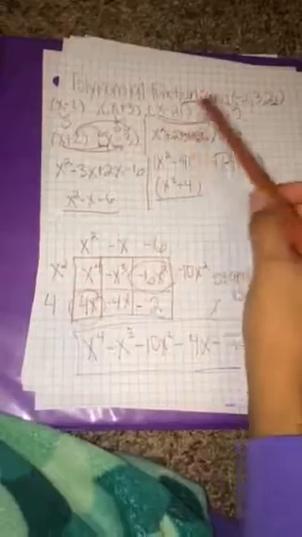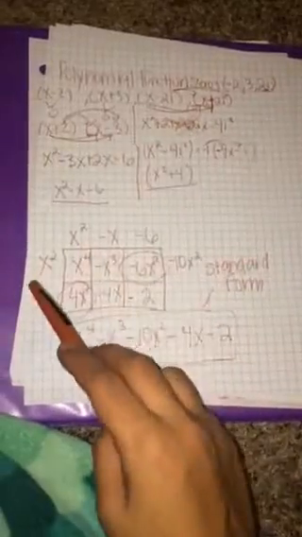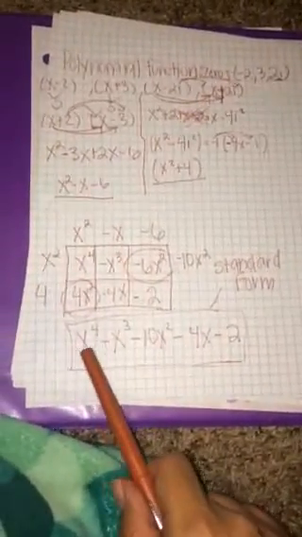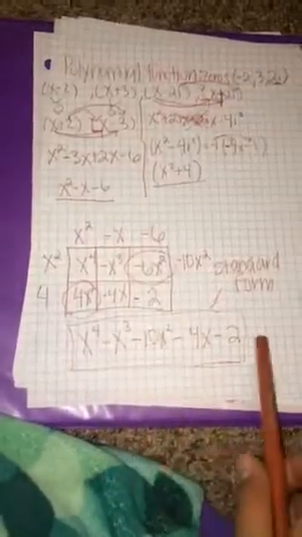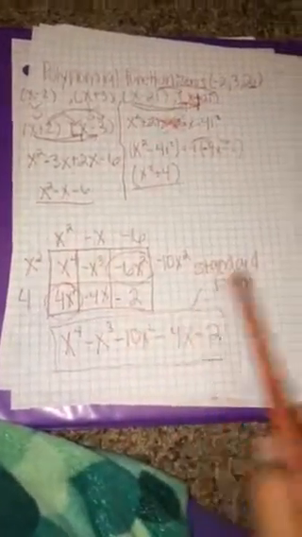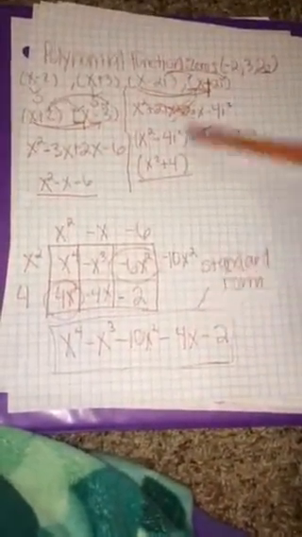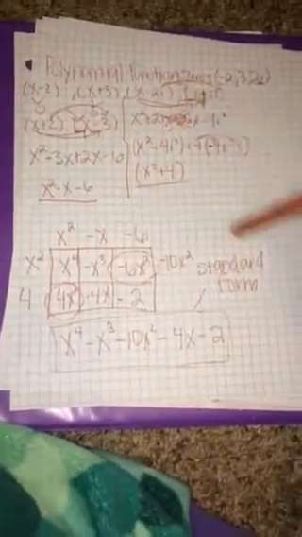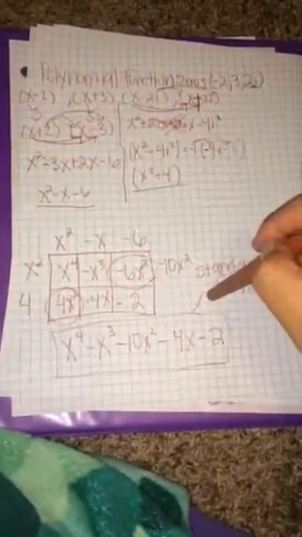Same as this: distribute them, combine them, and you get your second function. And then do the box method just to be safe. Combine anything that you can combine in there, and then you just write it down from greatest to least based on the power. And that is your polynomial function in standard form.